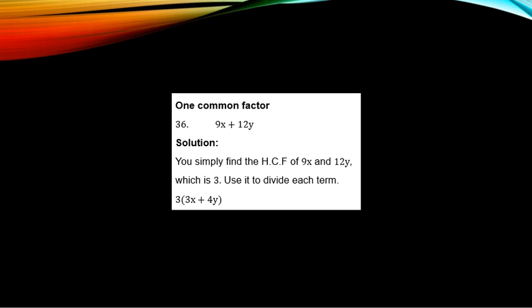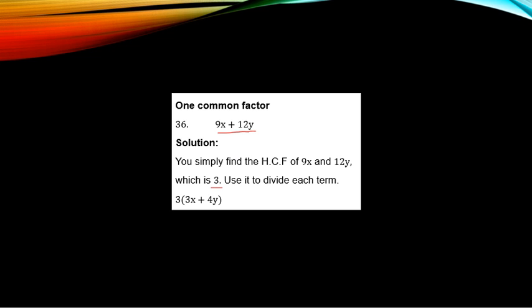Examples: factorize the following. Okay, so the first case is one common factor. So factorize 9s plus 12y. What we'll do here is that you find the HCF of the term. HCF means highest common factor of 9s and 12y, and that HCF is 3.